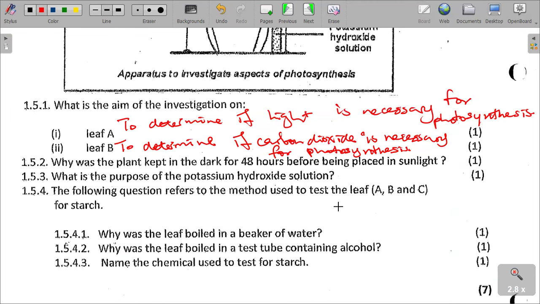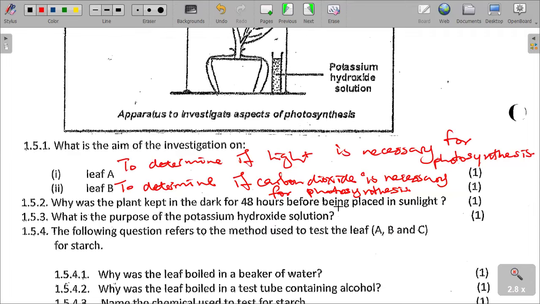Number 1.5.2, why was the plant kept in the dark for 48 hours before being placed in sunlight?